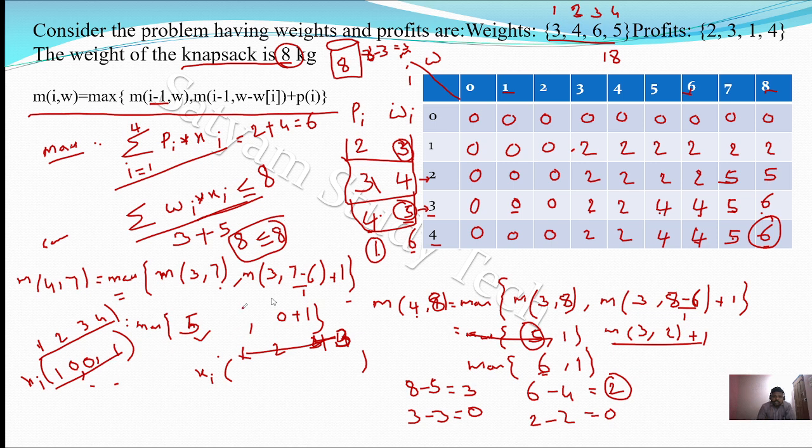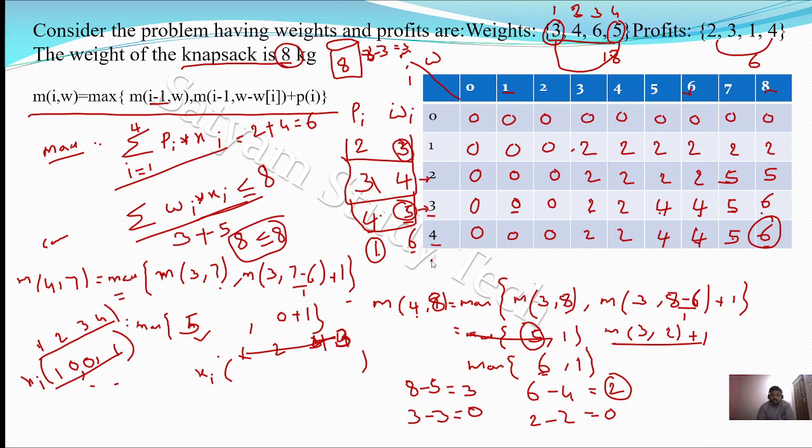These are the objects considered, and you can consider this object weight, then you get this profit 2 plus 4, that is, the maximum profit is 6.